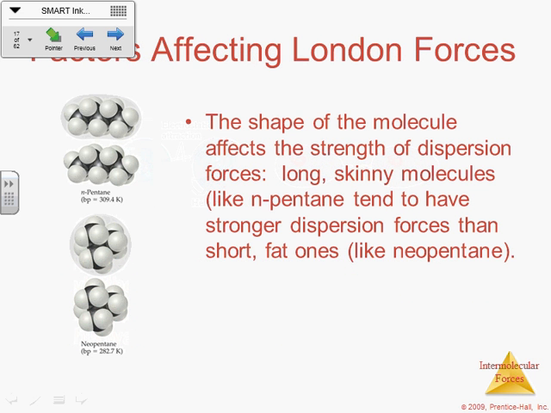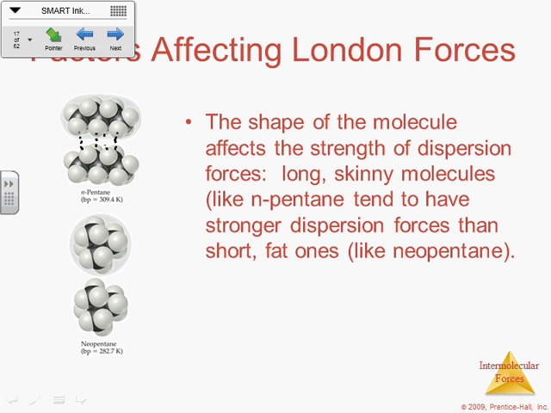Okay, so the things that affect London forces, and the reason you need to know this is because they ask this a lot on the AP exam. The shape of the molecule is going to affect it. The longer skinny molecules, like this n-pentane here, have stronger dispersion forces. The reason for that is there's just more exposed surface area that can bond, I should be drawing dotted lines, not solid lines, with other molecules that are the same.